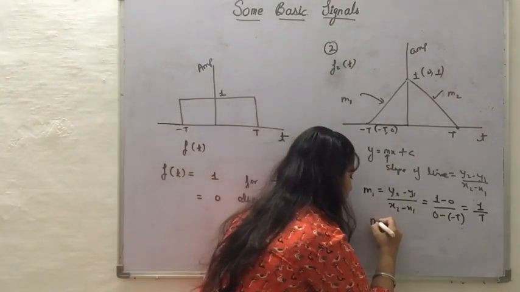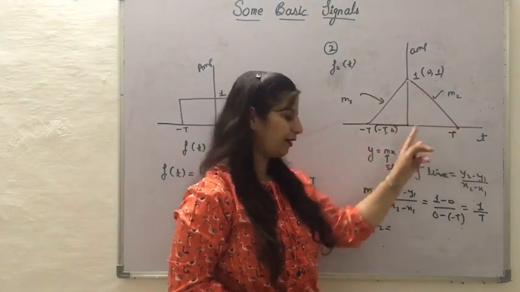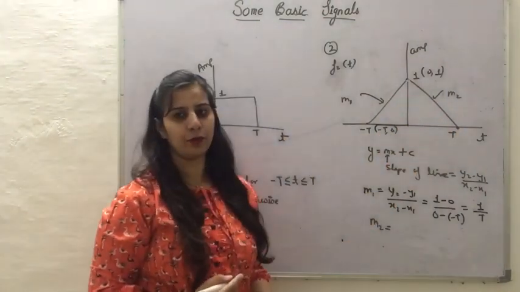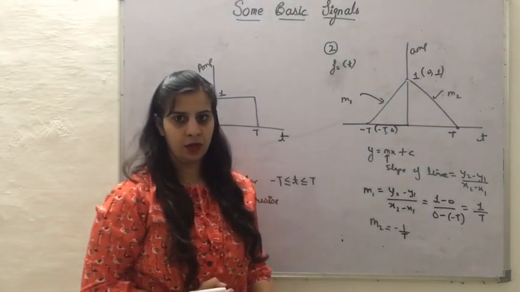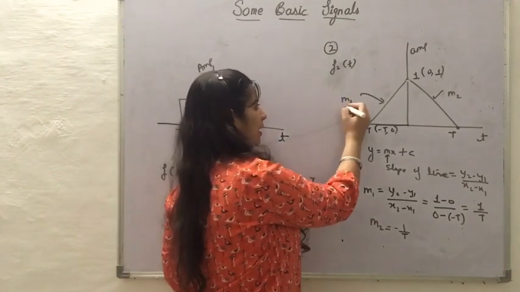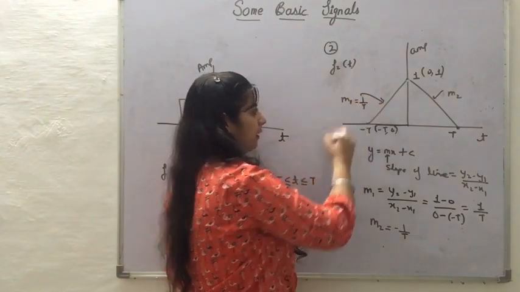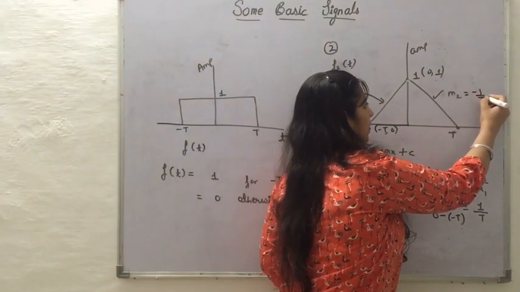Similarly, we can find out m2 between this point and this point. The value of m2 will then come out to be equal to minus 1 by t. So to write down the equation of these lines, we have m1 equal to 1 by t and m2 equal to minus 1 by t.